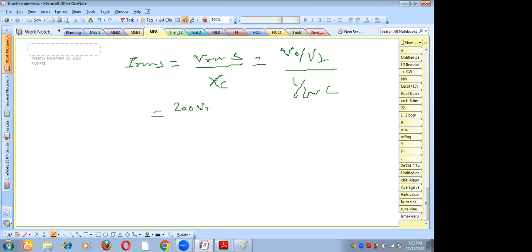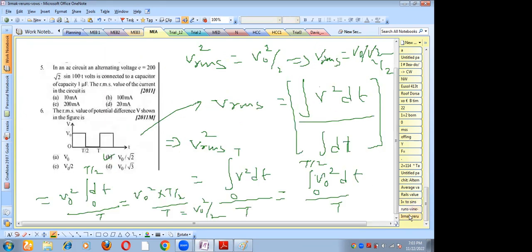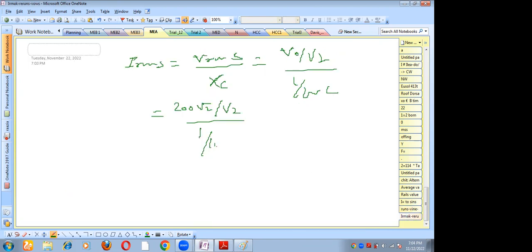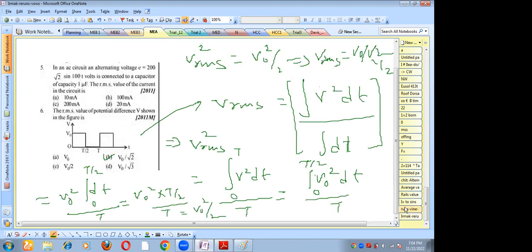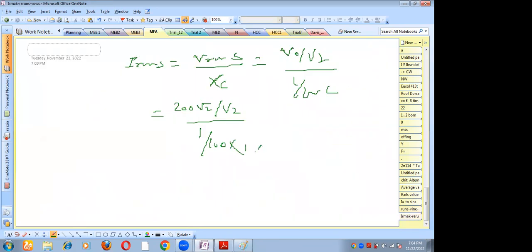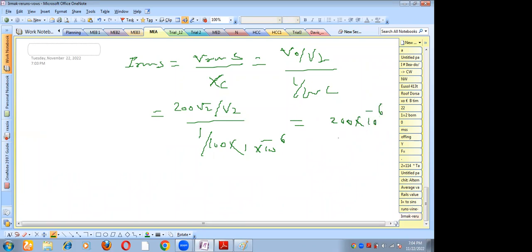So 200 root 2 divided by 1 by omega C. What is omega? Omega is 100. And we can see.